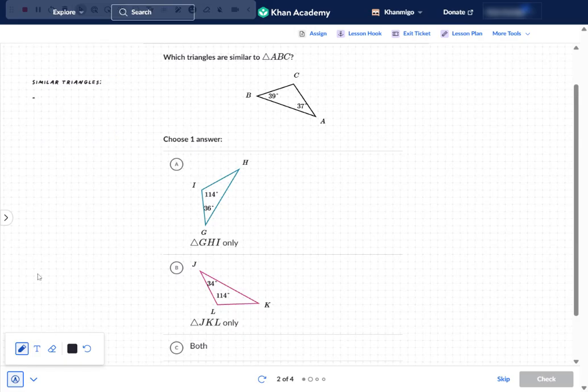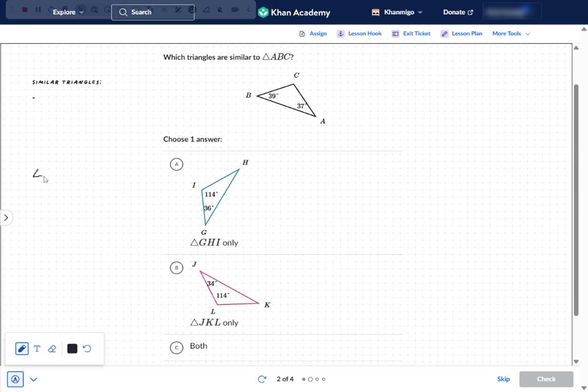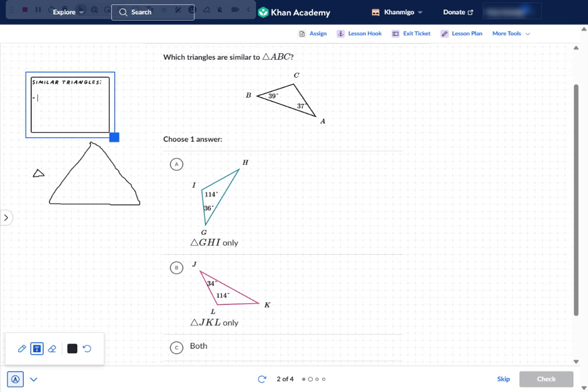Say we've got one tiny little triangle, like a magnetile, really far away, versus the same triangle but much larger. Again, this is not drawn to scale. But assuming the angles matched up, these would be similar. They're not congruent because they're not the same size, but they are similar when they have the same angles.